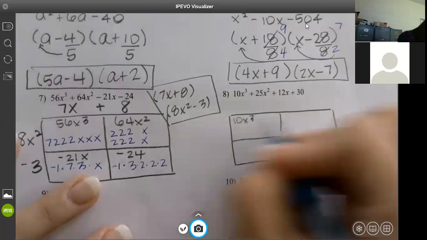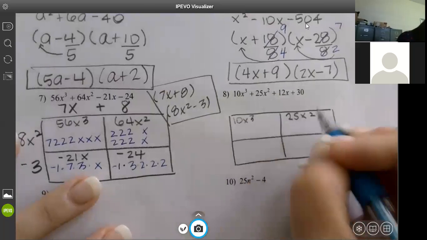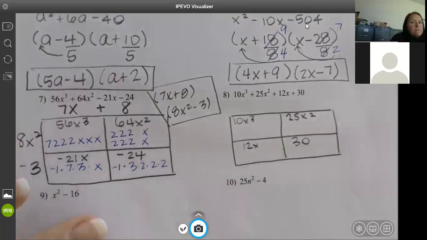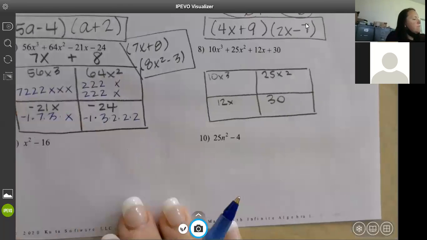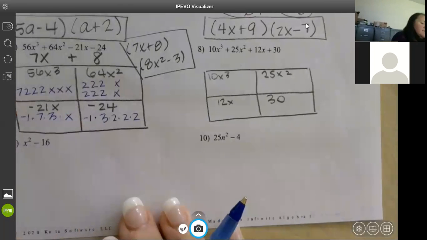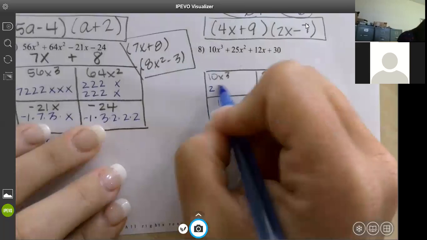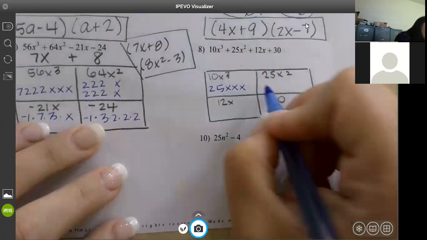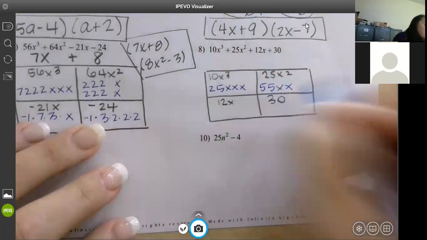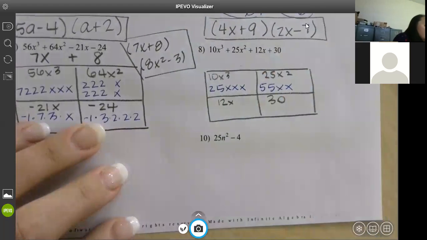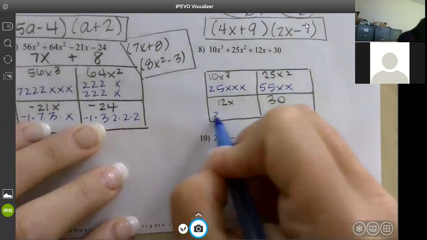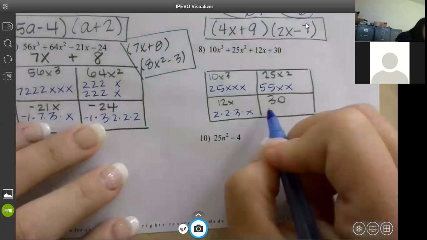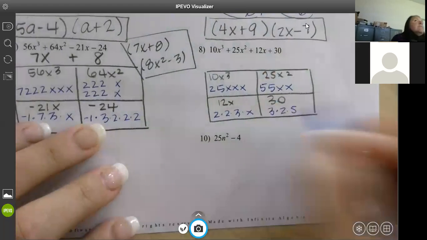We have 10x cubed, 25x squared, 12x, and 30. 10x cubed, 10 is 2 and 5 and 3 x's. 25 is 5 and 5 and 2 x's. 12 is 2 times 6, which is 2 times 3 times x. 30 is 3 times 10, 3 times 2 times 5.